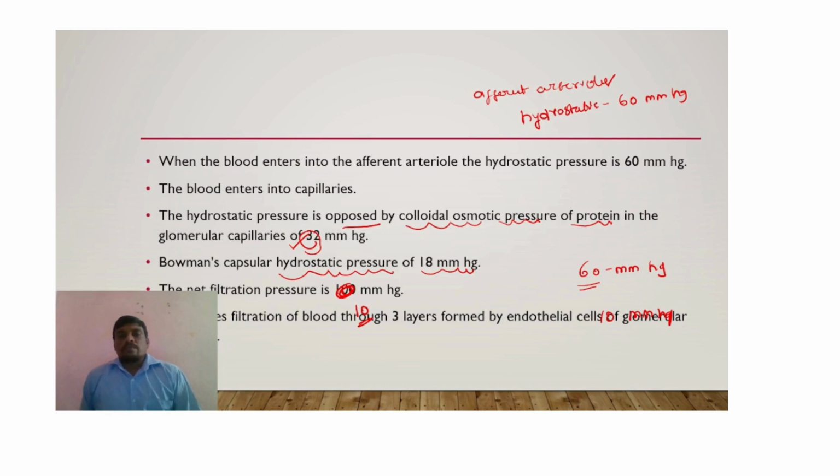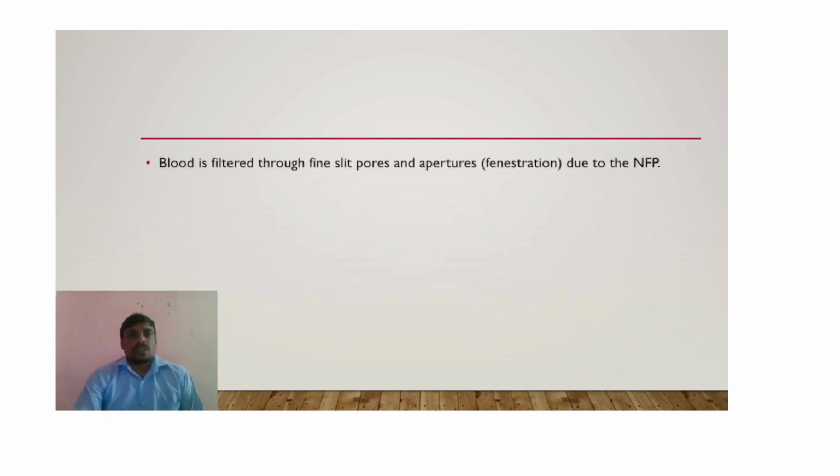So this causes filtration of blood through three basic layers. These layers are formed by endothelial cells of the glomerular capillaries. Blood is filtered through fine microscopic pores called slit pores and also apertures.